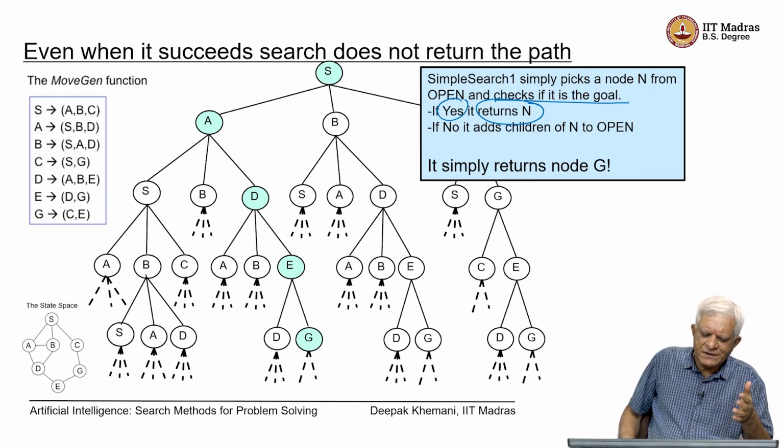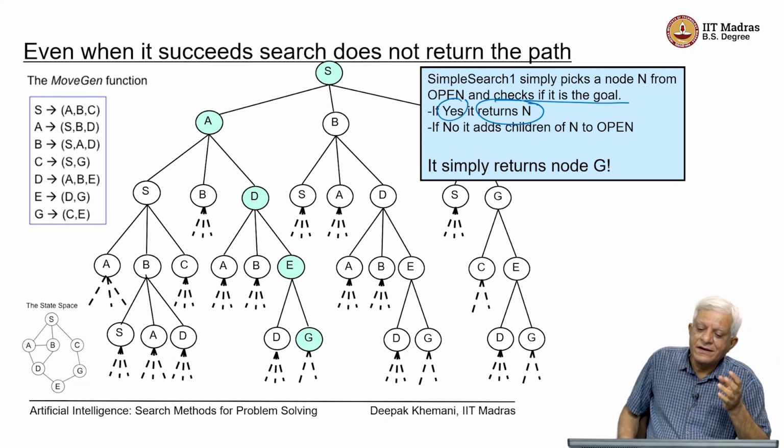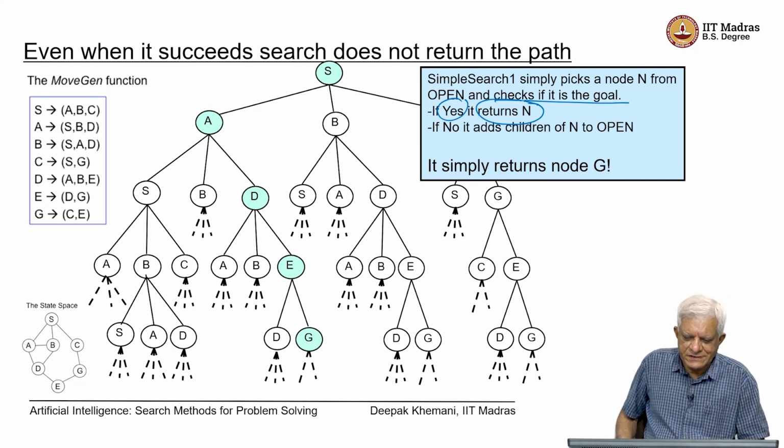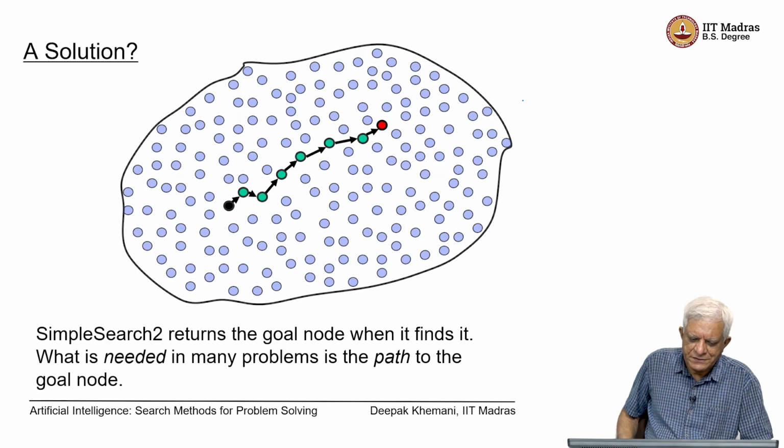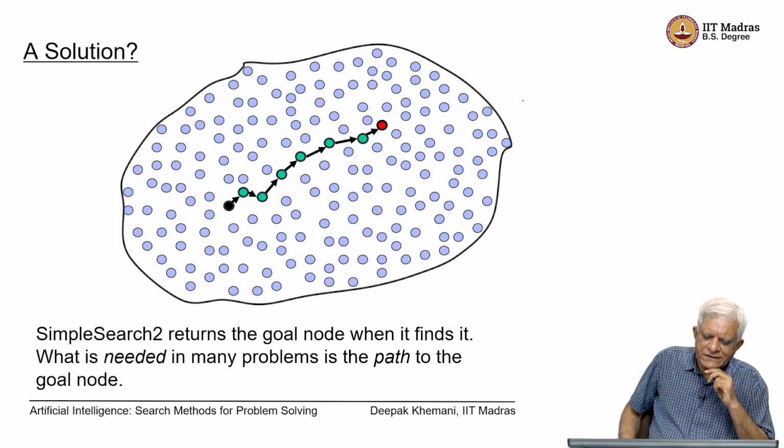If you look at, for example, the man, goat, cabbage and lion problem, it will say yes, you can reach the other side. It does not tell you how to reach the other side. So, that is what is missing from this thing. It should return the paths to the goal node. What you want is the solution. You want the sequence of states that will take you to the goal node.